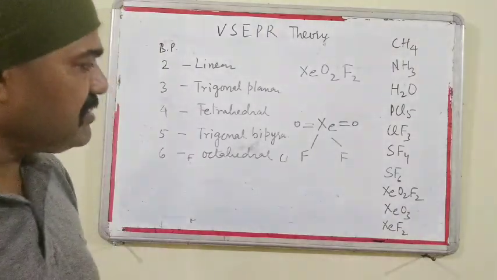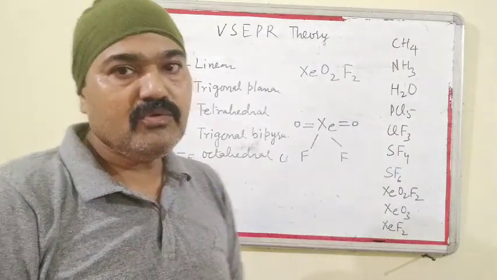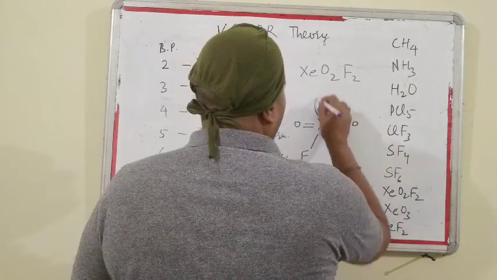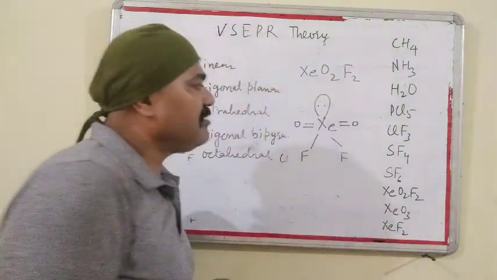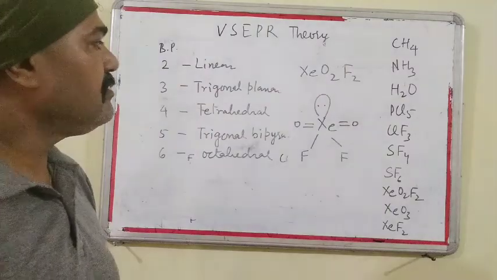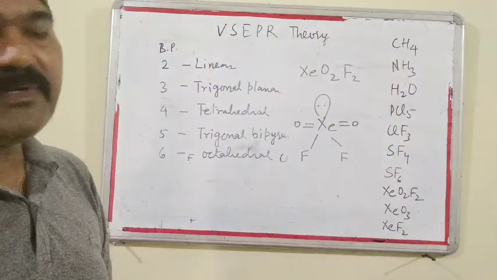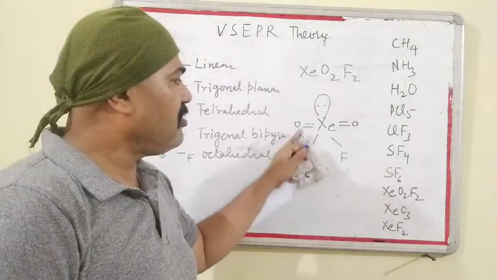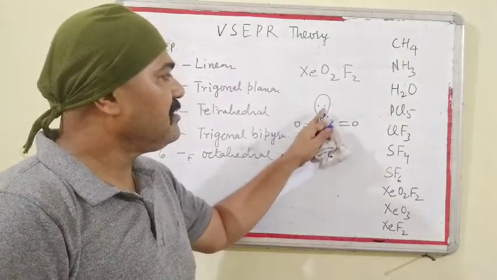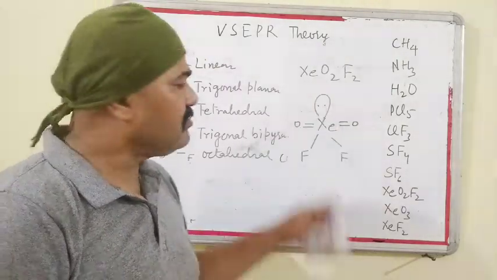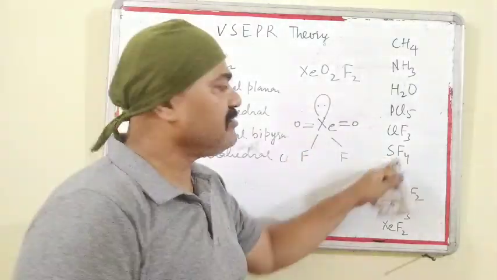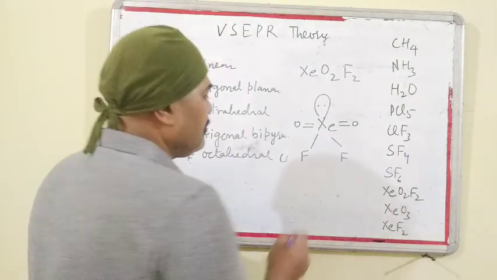Now xenon is left with 2 more electrons, and these are found in the form of a lone pair. So again there are 4 bond pairs and 1 lone pair, and this will be the seesaw shape, just similar to SF4.